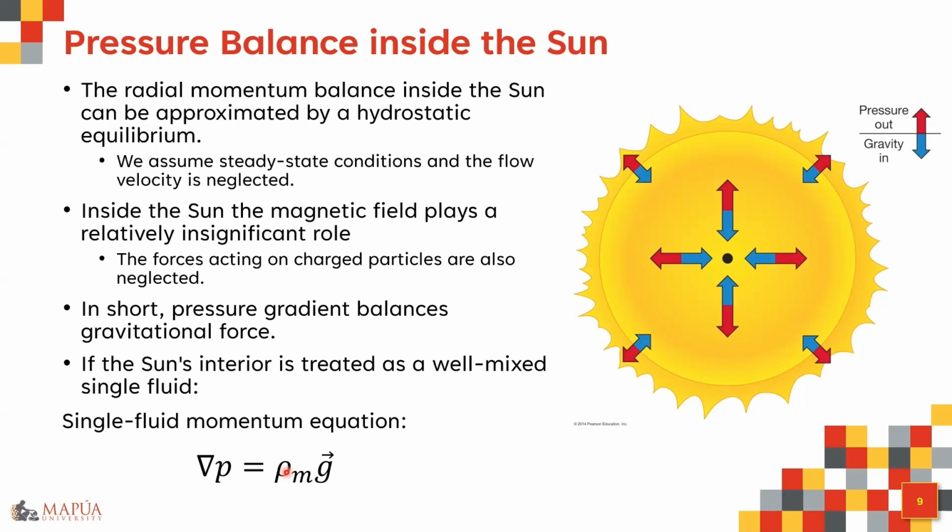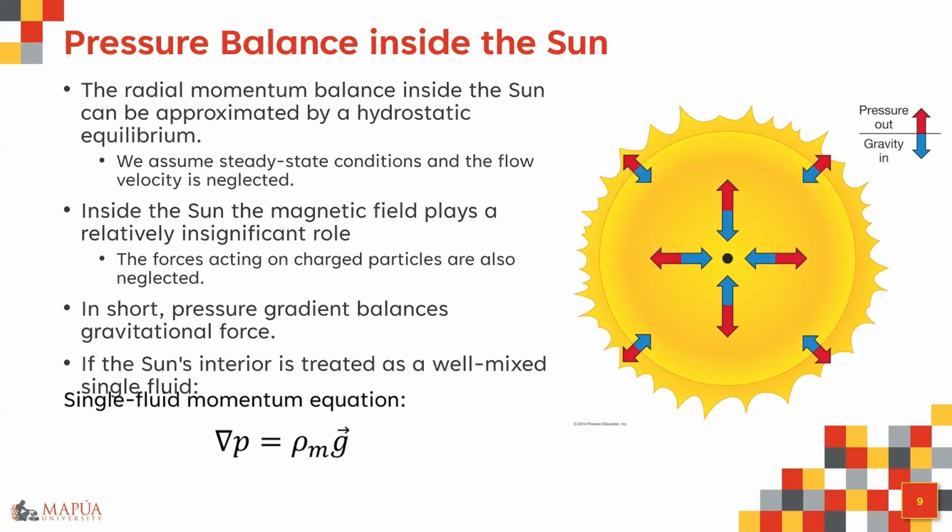Okay, so the particles are not actually accelerated. Okay, so this pressure gradient balances your gravitational field or gravitational force. Okay, but this is your momentum equation. So this is actually force per volume equation. Okay, sige.